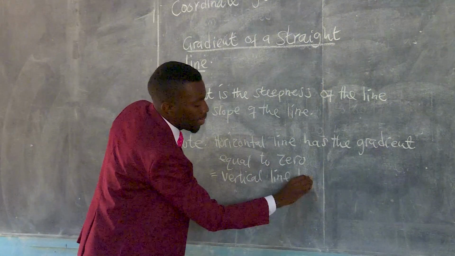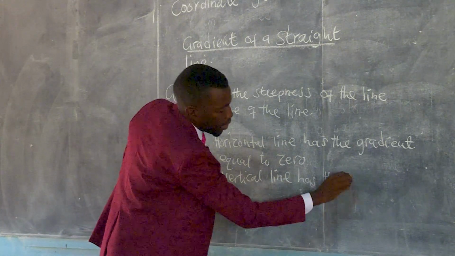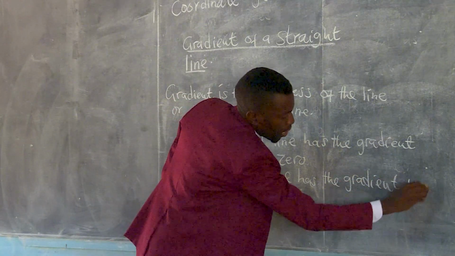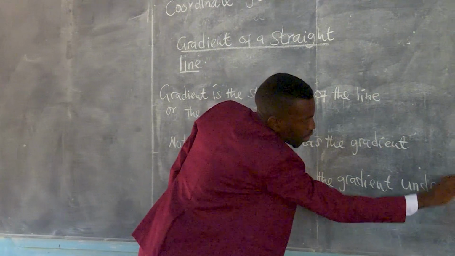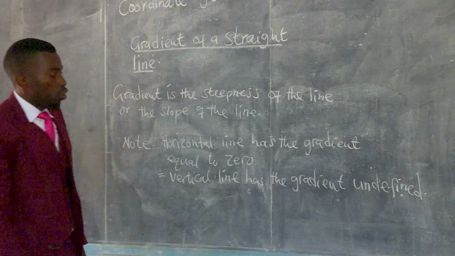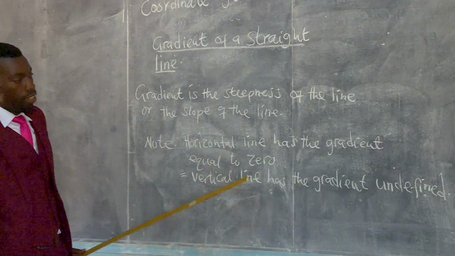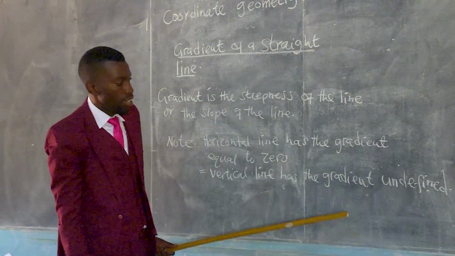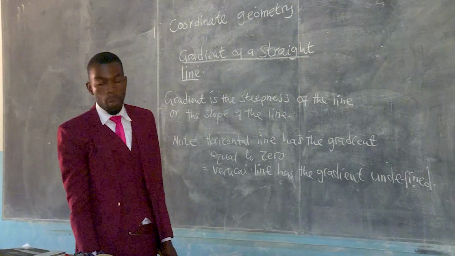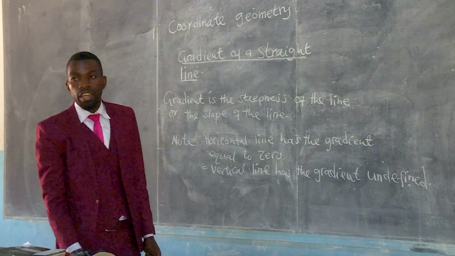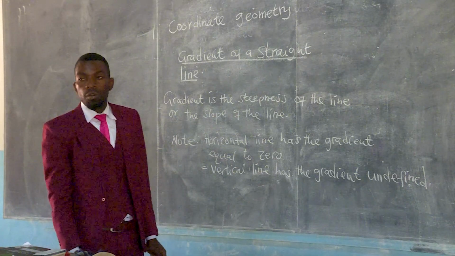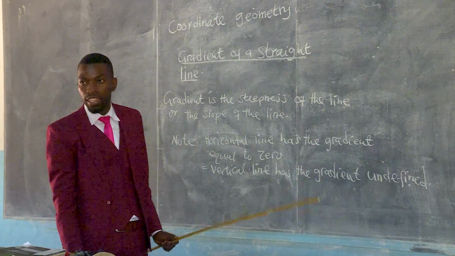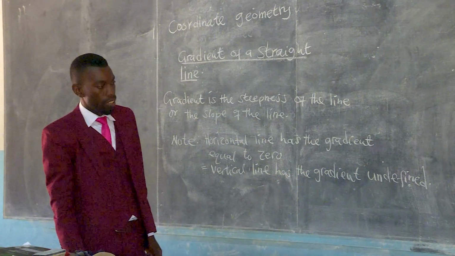The vertical line has the gradient undefined. So these two lines: the horizontal line has the gradient equal to 0, the vertical line has the gradient undefined. Meaning that if we are given a horizontal line, we know that the gradient is equal to 0. So we'll come and improve this as we do the calculations.